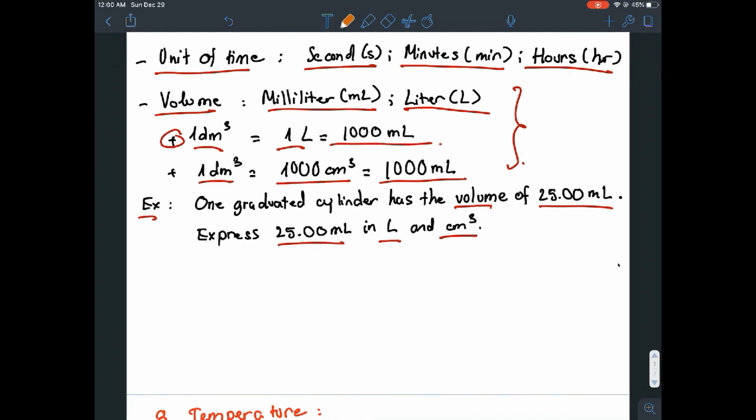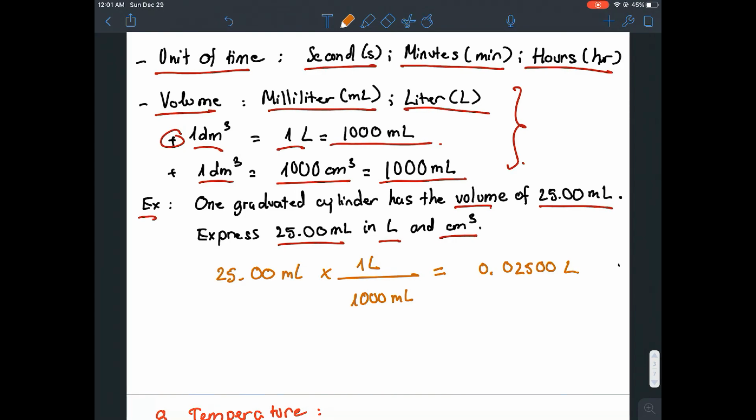Okay, we're going to do a simple calculation here. 25.00 milliliter times 1 liter on the top and 1,000 milliliter at the bottom is going to be equal to 0.025.